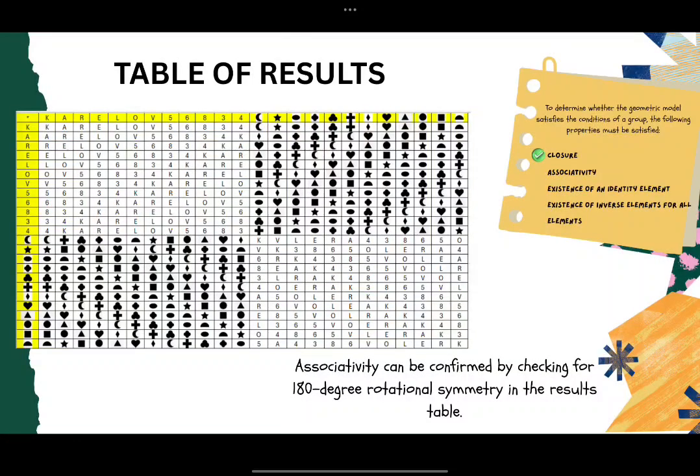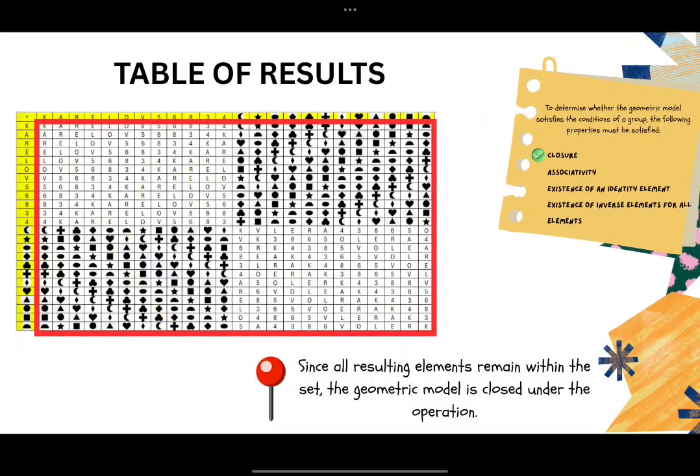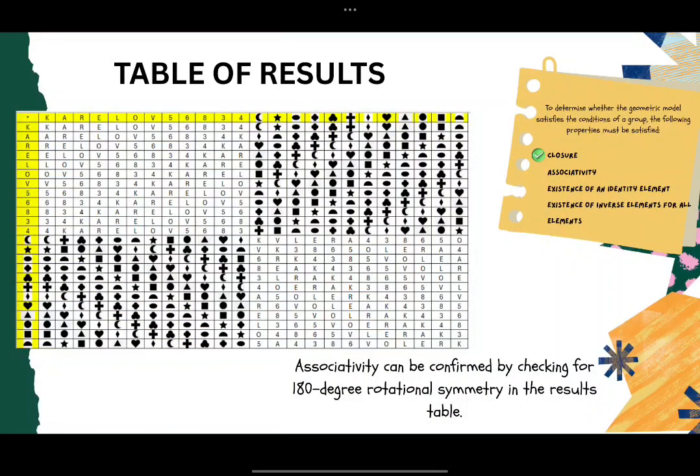Associativity can be confirmed by checking for 180-degree rotational symmetry in the results table. So what we will take here is only this result. We will not include the outer part, which is the movements.